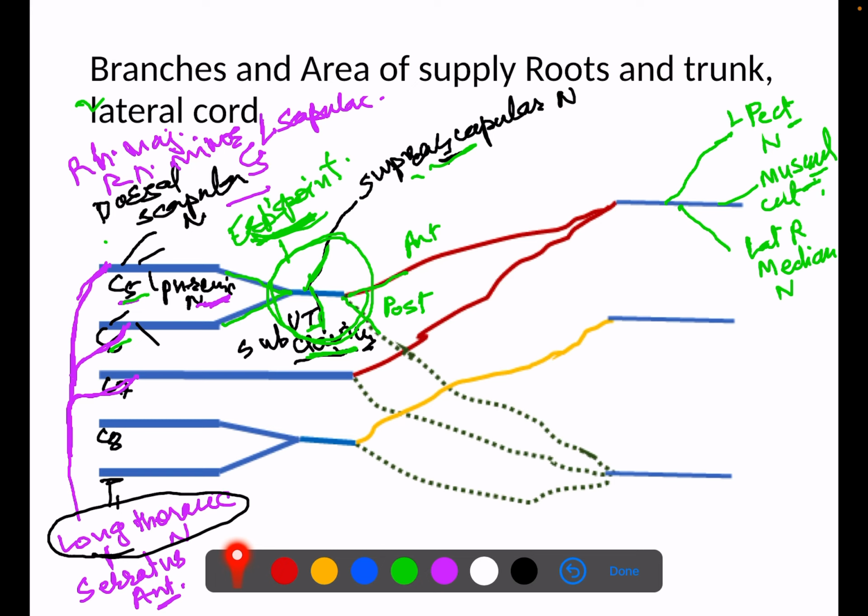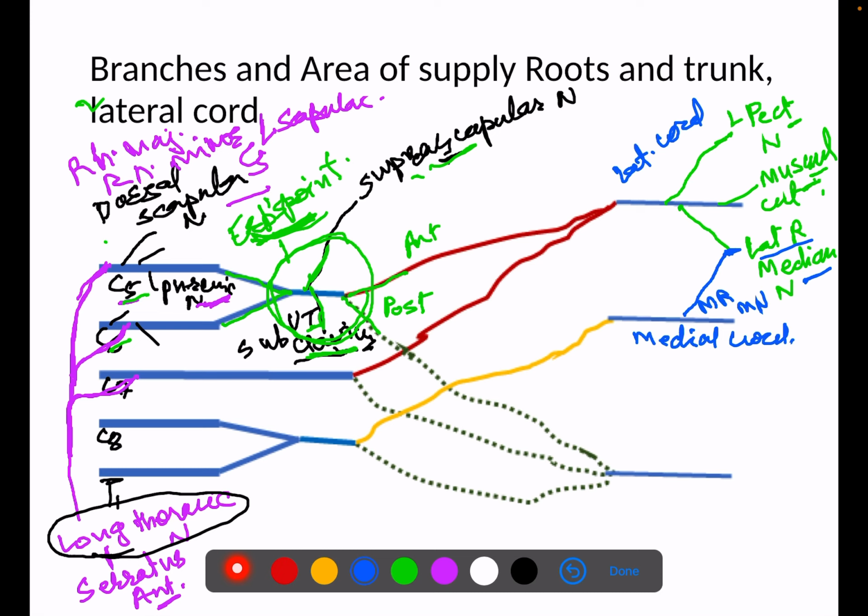While this lateral root of median nerve will join with the medial root of median nerve arising from the medial cord. This is medial cord. This is lateral cord. This medial root of median nerve joins with the lateral root of median nerve to form median nerve. This median nerve supplies mainly the muscles of forearm and a few muscles of palm.